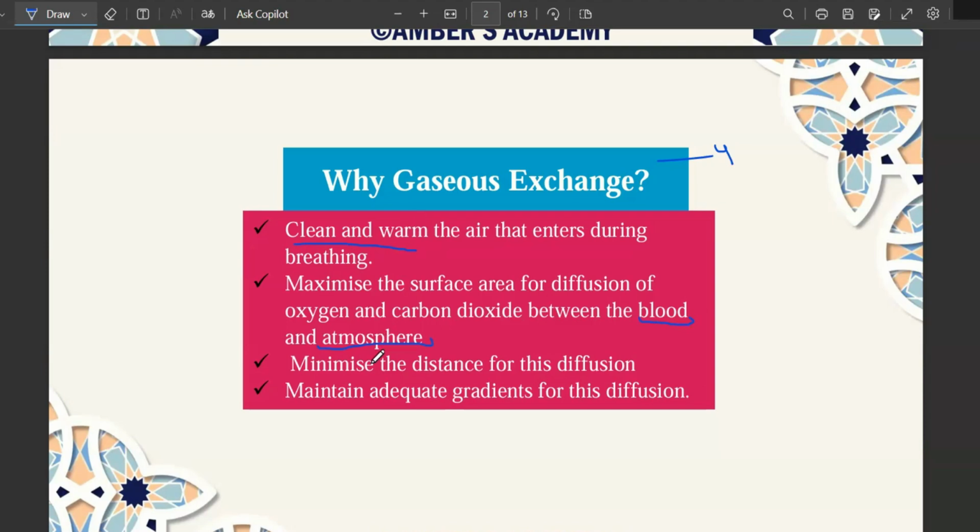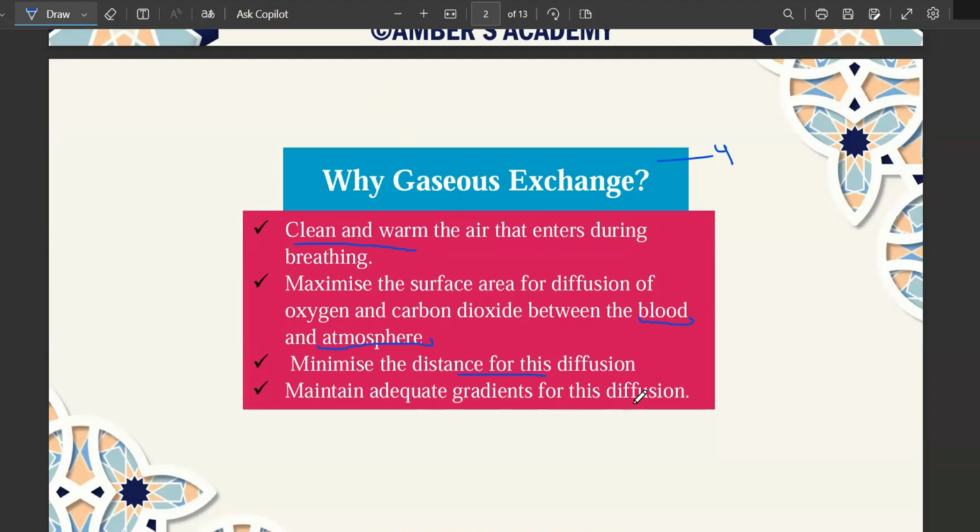Then we need the gaseous exchange system to minimize the distance for this diffusion. We know from our O levels that for effective diffusion to take place, the distance should be smaller, right? So in order to minimize the distance for the exchange of carbon dioxide and oxygen, we need the system of gaseous exchange, and then to maintain adequate gradients for this diffusion.